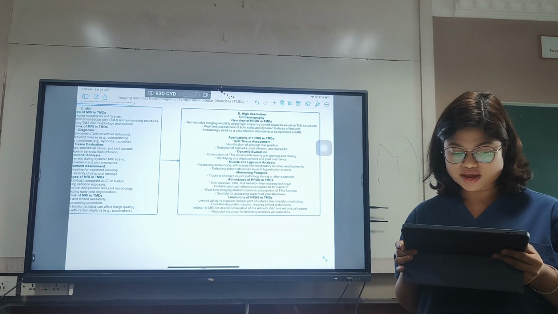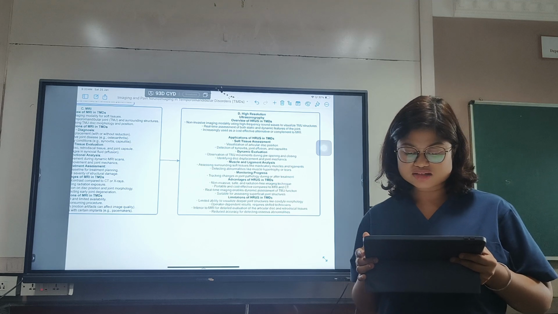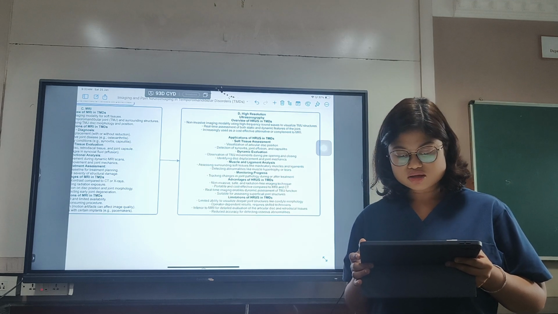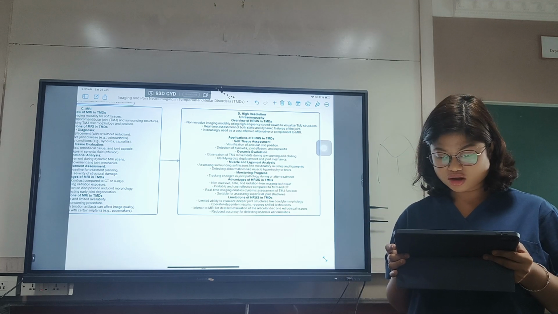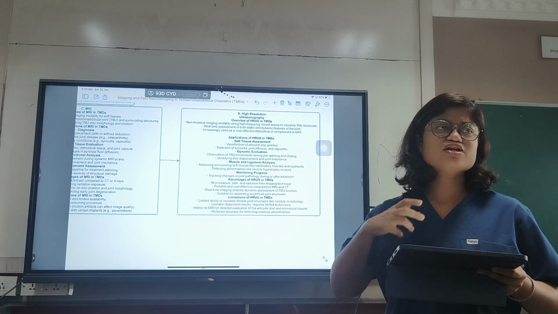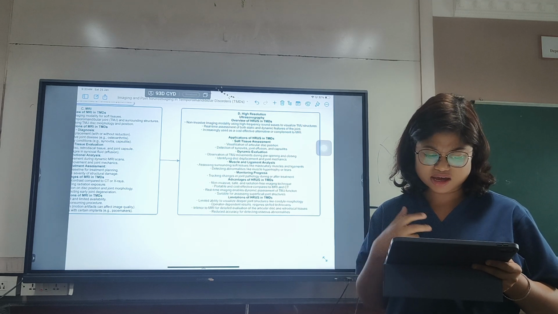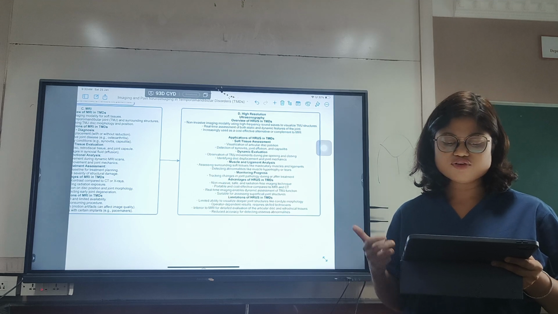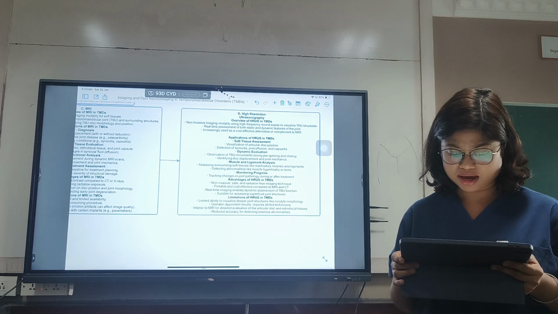Applications: visualization of the soft tissue, that is the articular disc position, synovitis, joint effusion and capsulitis. Dynamic evaluation of the movements during jaw opening and closing, identifying disc displacements and joint mechanics.